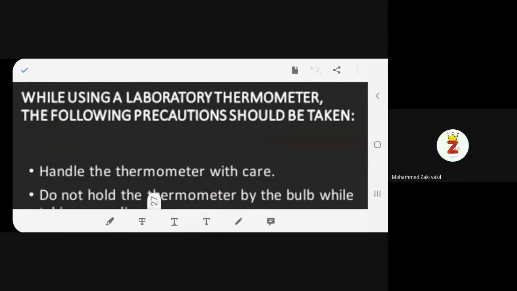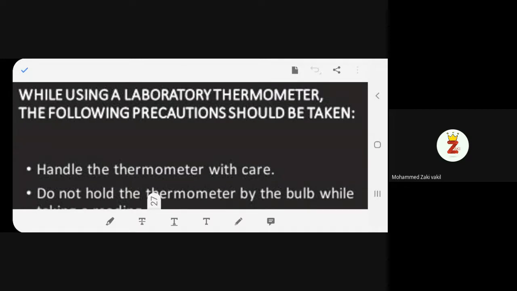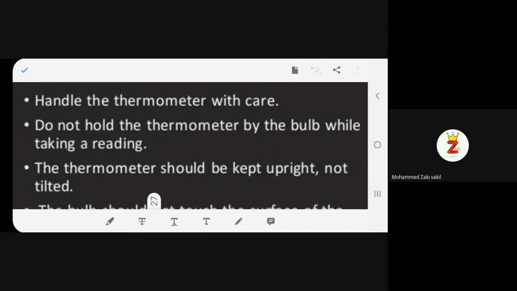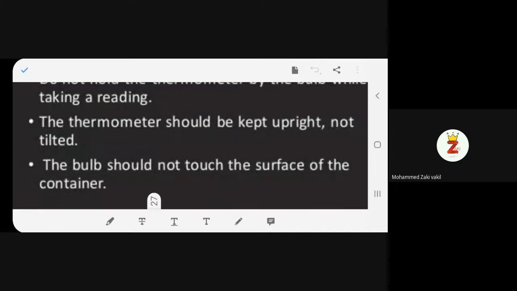While using a laboratory thermometer, the following precautions should be taken. Handle the thermometer with care. Do not hold the thermometer by the bulb while taking a reading. The thermometer should be kept upright, not tilted. The bulb should not touch the surface of the container.